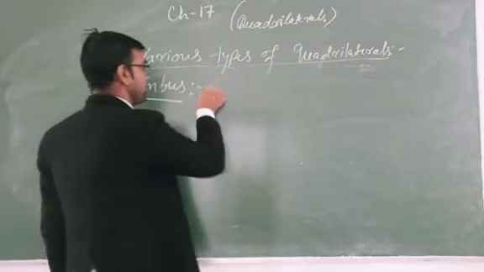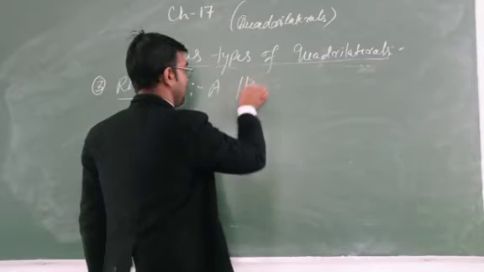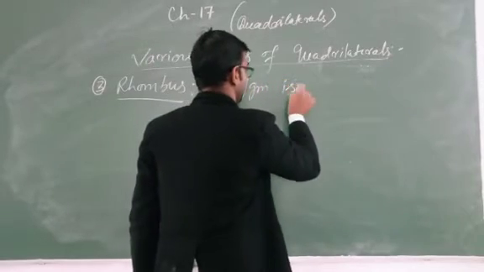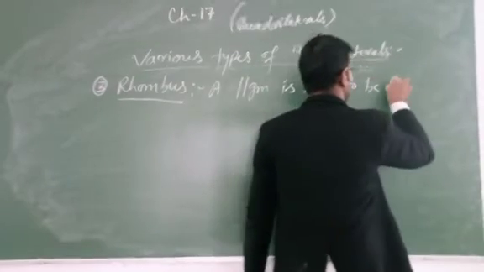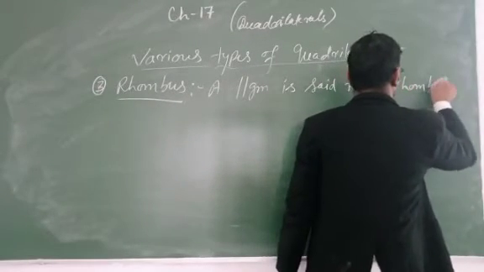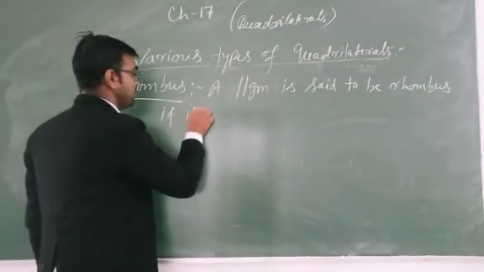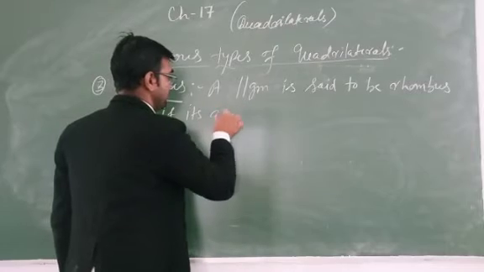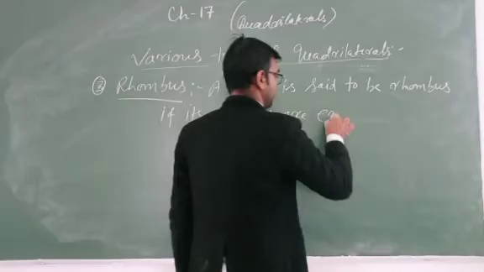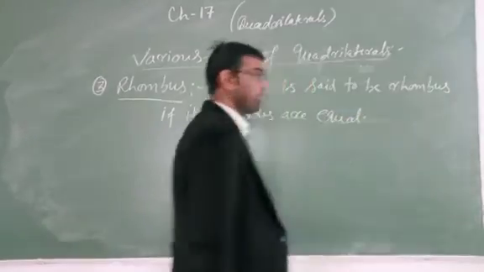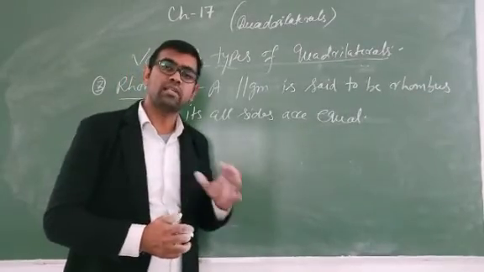A parallelogram is said to be a rhombus if all of its sides are equal.